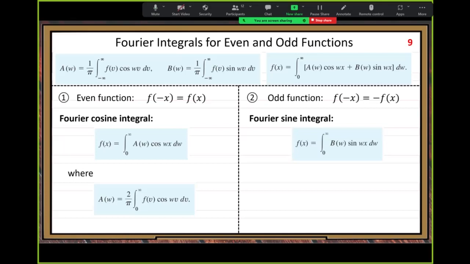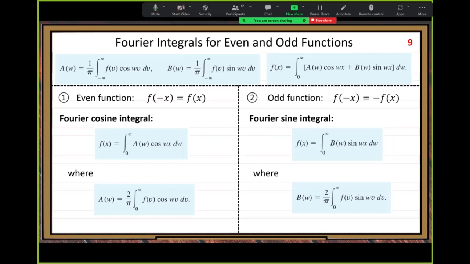So a term is gone, and you only have the b term, which can be further simplified to double its first half integral, because odd times odd is an even function, so the area doubles. That's simple.